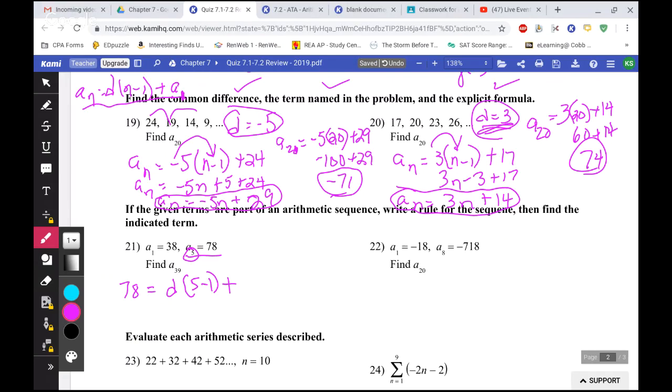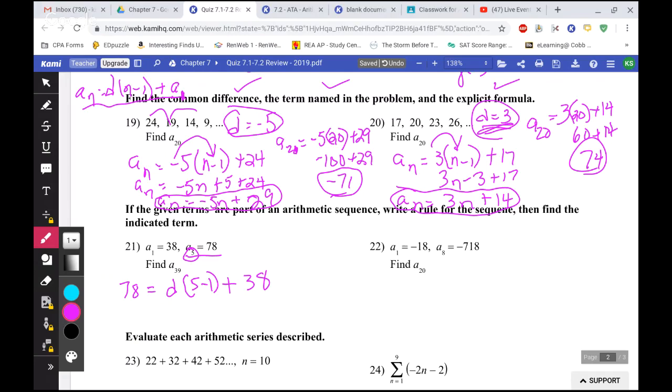And then you're going to add, because you're kind of trying to indicate the value of the previous term here, really, and then adding 38. So you've got that common difference times the fourth term, if you will, plus 38.